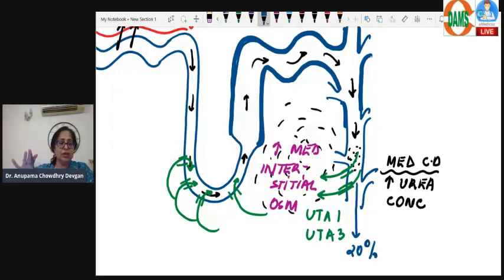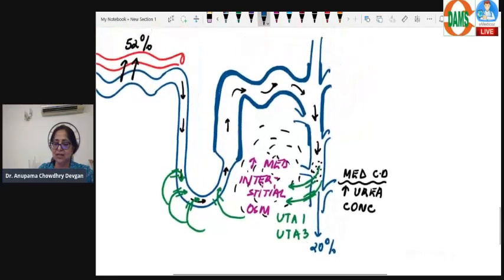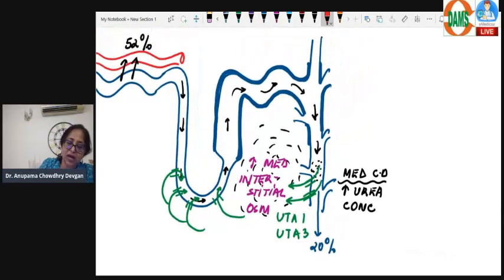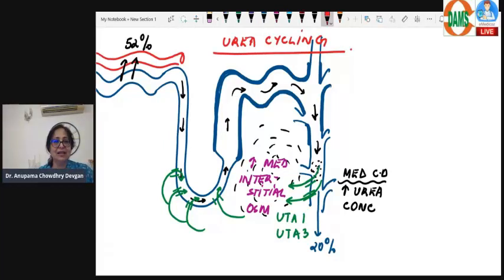Increases the medullary interstitial hyperosmolality, goes back into the descending thin segment, thick ascending limb, DCT. This entire process is known as urea cycling. Urea is being cycled here.